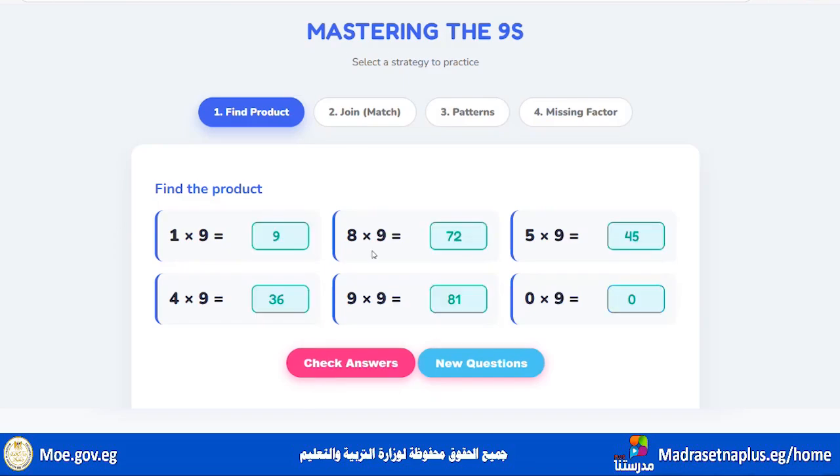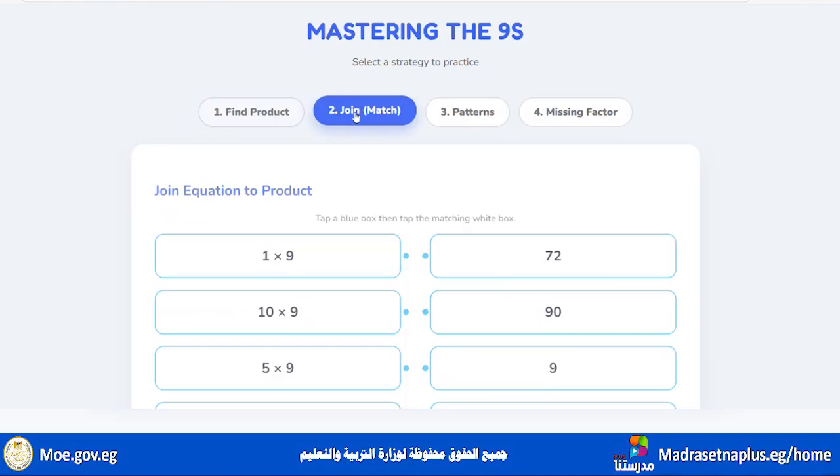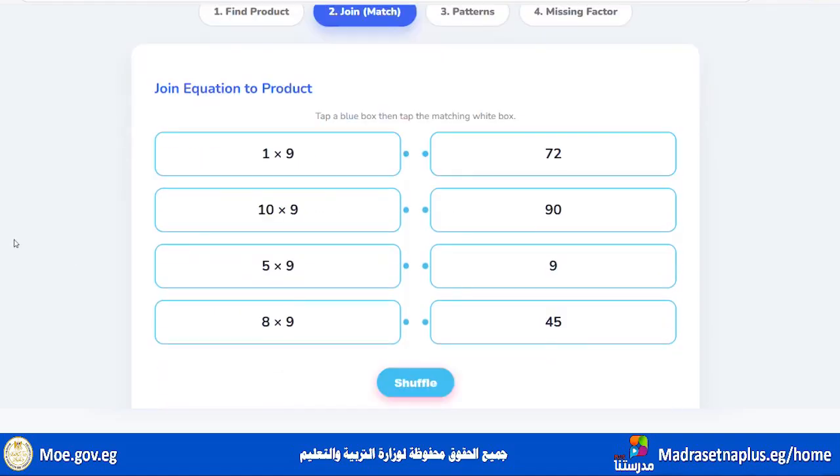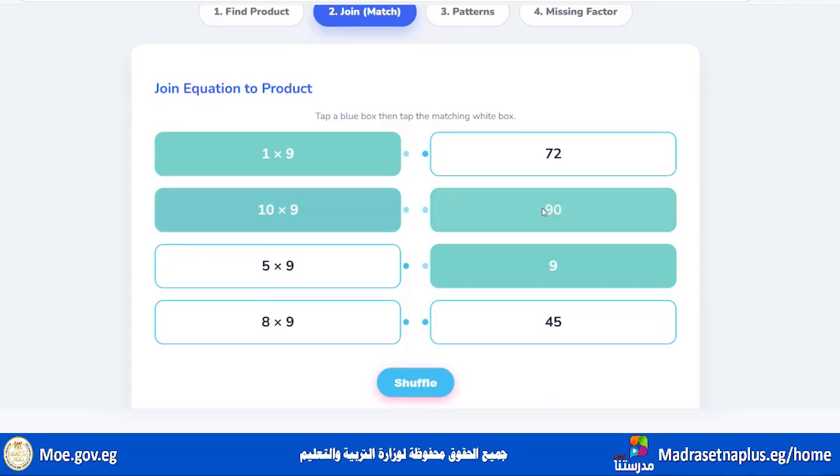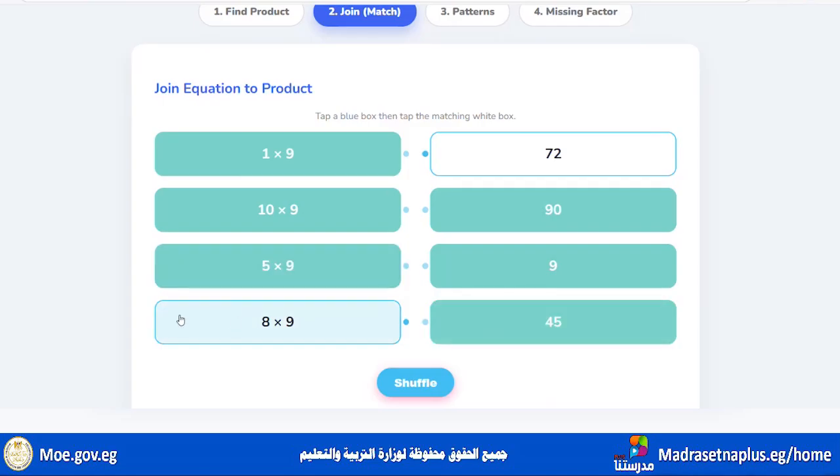Check. Yes. Another exercise, join. Yes. 1 times 9. Let's get it. 1 times 9 equals 9. Yes. 10 times 9 equals 90. Great. 5 times 9, it will be 45. What about 8 times 9?